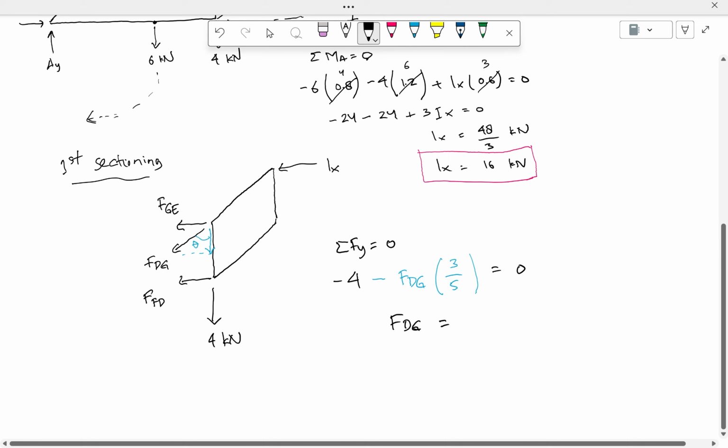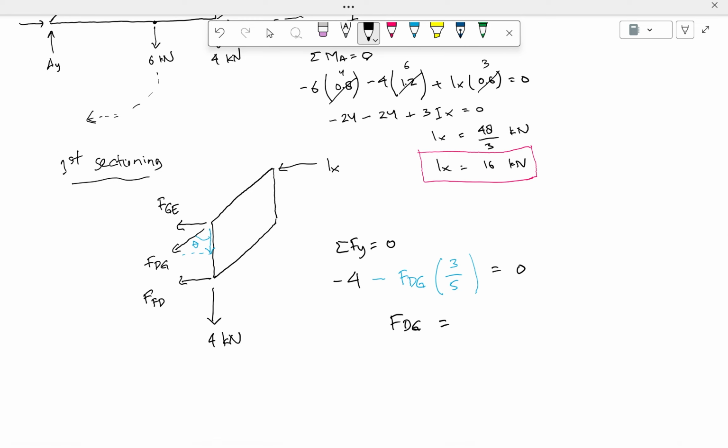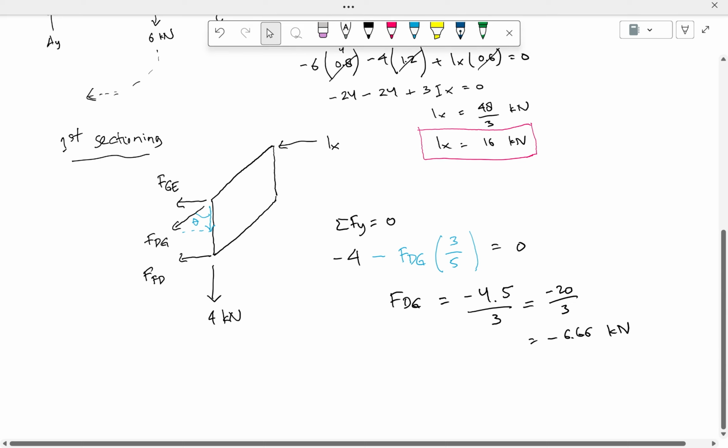FDG equals minus 4. You multiply by 5 and divide by 3, which means minus 20 divided by 3, or minus 6.66 kilonewtons. So that's FDG.